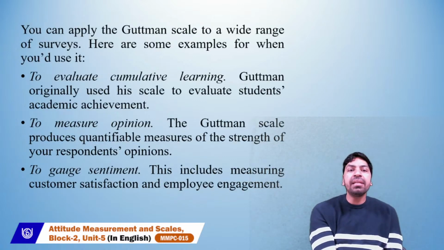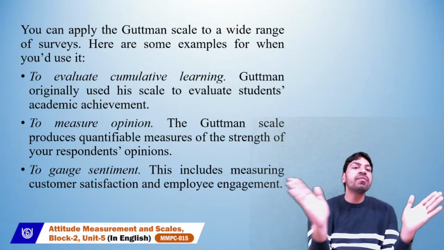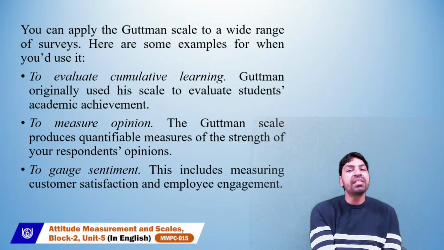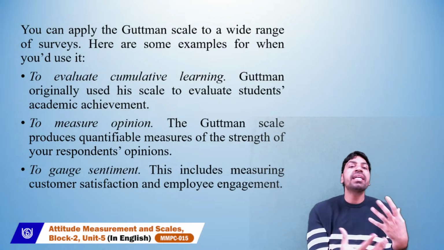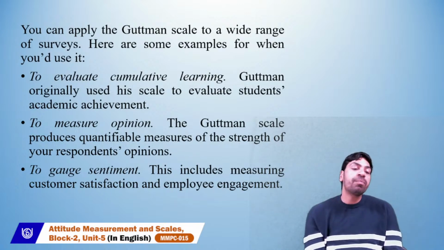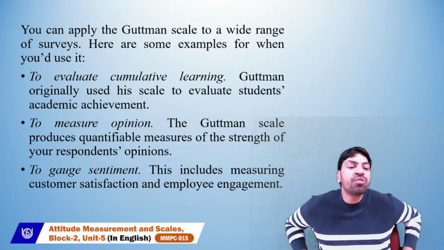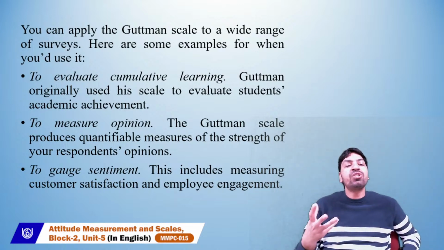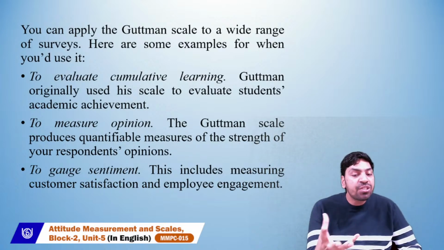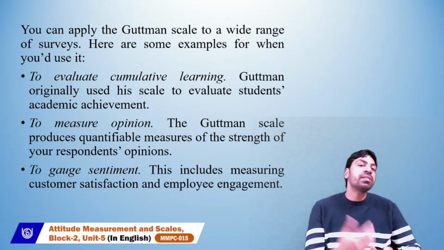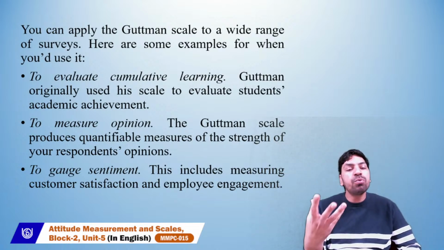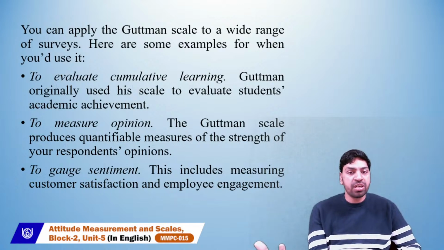You can apply the Goodman scale to a wide range of surveys. If you are making up a survey related to cumulative learning, to assess students' academic achievement, and you have to measure the respondent's opinion or sentiment, like customer satisfaction or employee engagement, of course the Goodman scale would be a good scale to use in preparing questionnaires.